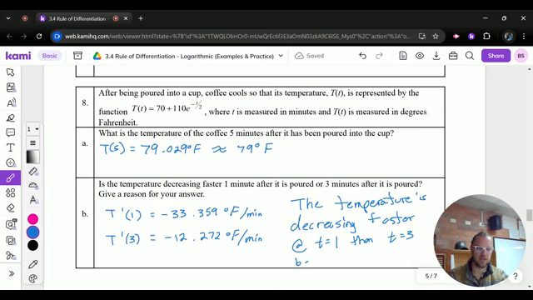And our reason is because, now we could look at this in an absolute value way of saying the absolute value of T prime of 1 is greater than the absolute value of T prime of 3.